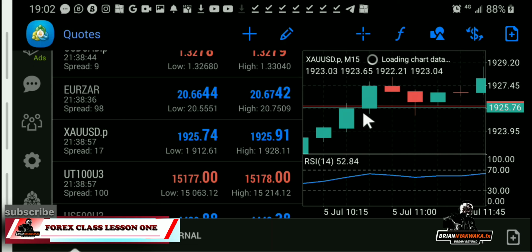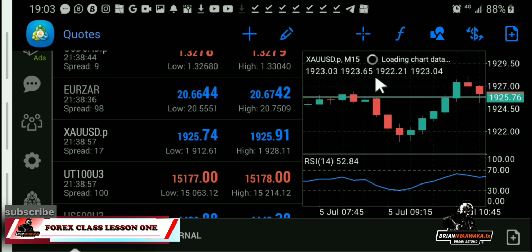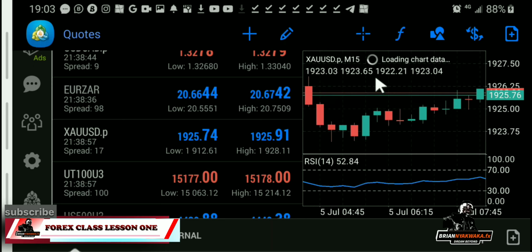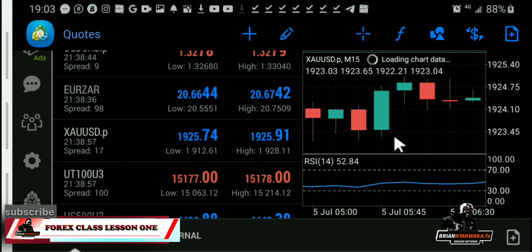It's called a wick. So remember, the body of a candlestick is very, very significant because it portrays the kind of pressure that is in the market. When you see a candlestick with a huge body, with a big body like this one here, it gives us information that bulls are dominating the market.